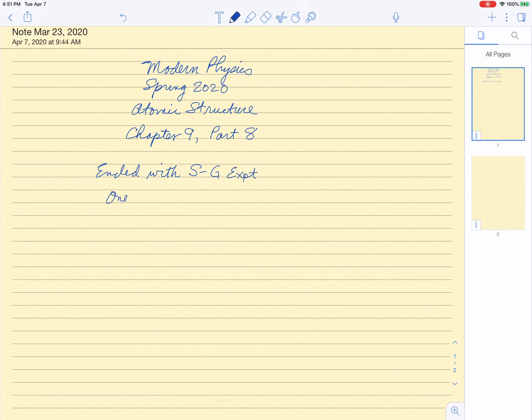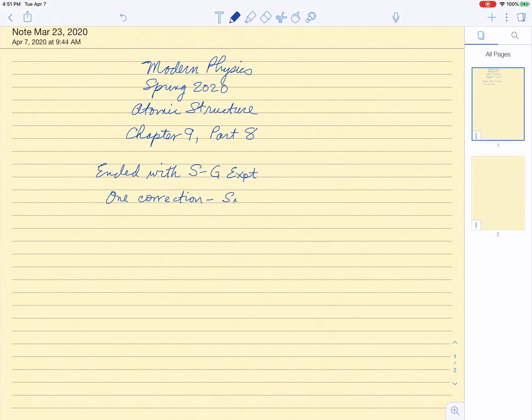And one correction is that I said they sent a beam of sodium ions through a non-uniform magnetic field, and that was incorrect. The S letter's correct, but it's silver.